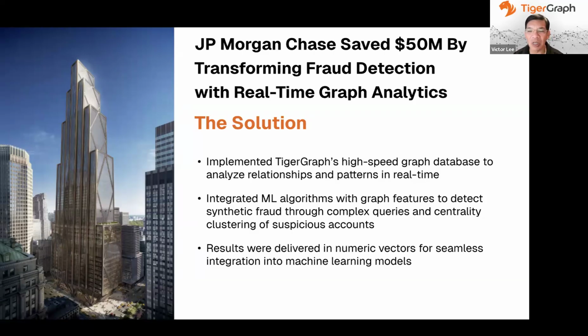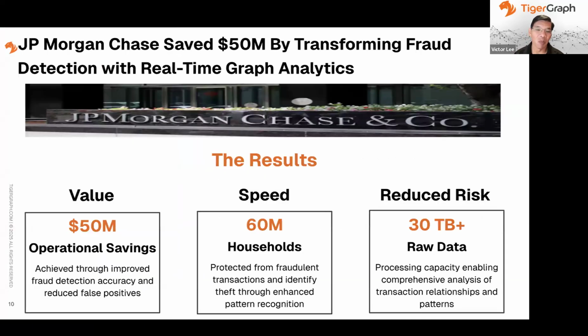And the results were, again, improved detection, not only catching more real fraud, but also reducing the number of so-called false positives, when a legitimate party gets incorrectly classified as fraud.